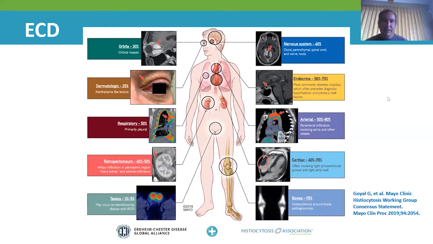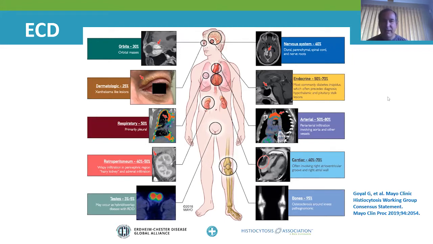So ECD, as I think everyone knows on this call, is a very rare disease, and rare diseases in general can be a challenge to diagnose, but ECD in particular can be a very protean illness and can have many different manifestations. Most of my work is in oncology, where there are not typically a lot of diagnostic dilemmas, but with ECD, it really can be a diagnostic dilemma.